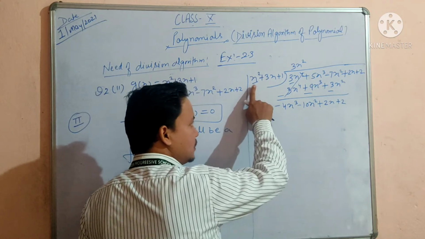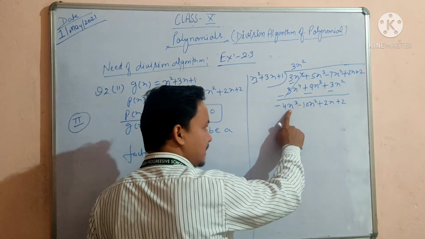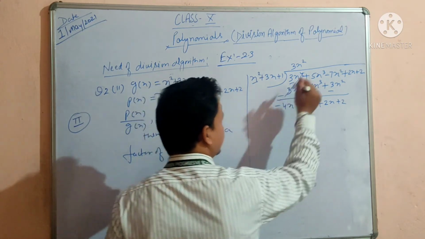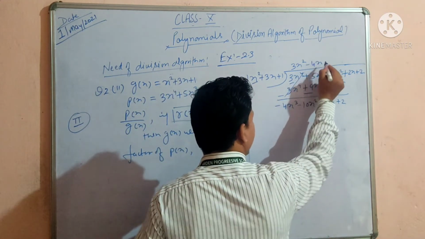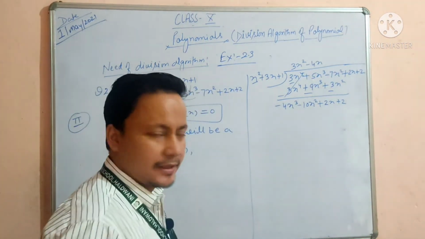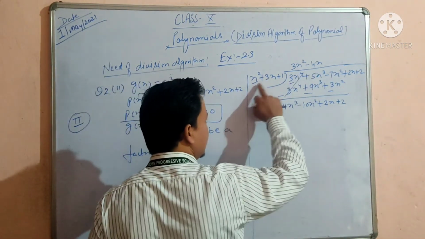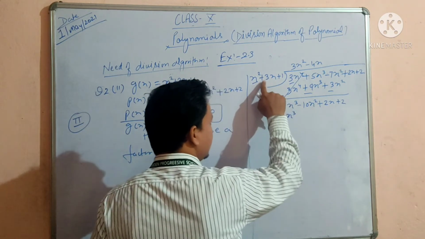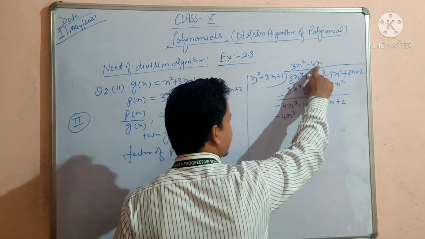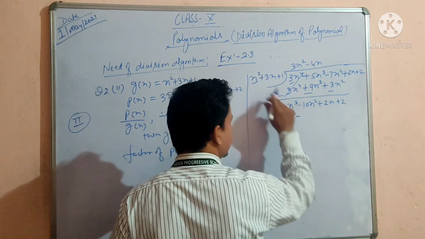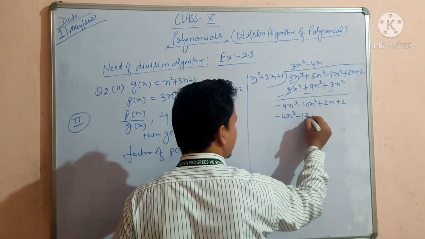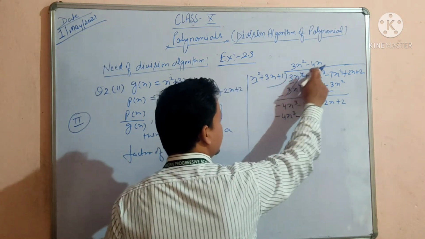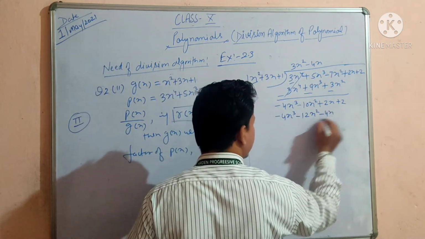And here we have x square. So to eliminate this term, we have to multiply here by minus 4x. Okay? ठीक? So minus 4x multiplied by x square is minus 4x cube, minus 4x into 3x is minus 12x square, and minus 4x into 1 is minus 4x.